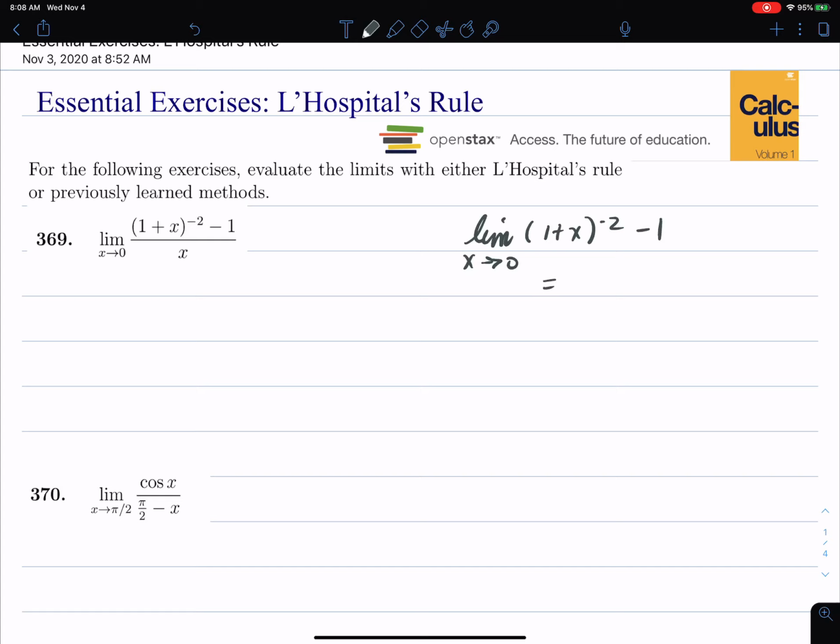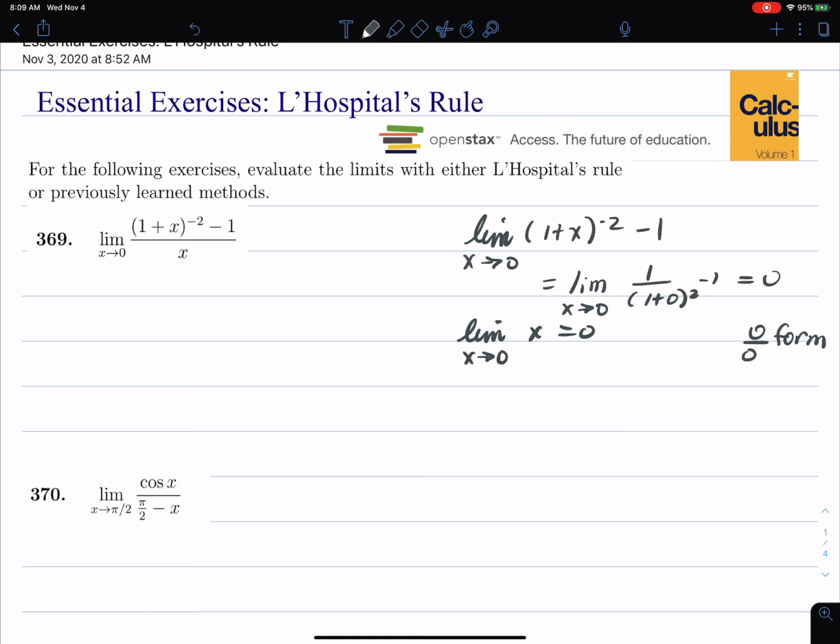So you have the limit as x approaches 0 of 1 over (1 plus x) squared minus 1, and we see that's 0. And then also we find the limit as x approaches 0 of x, and that's 0. So what I'm getting at is this is a 0 over 0 form.